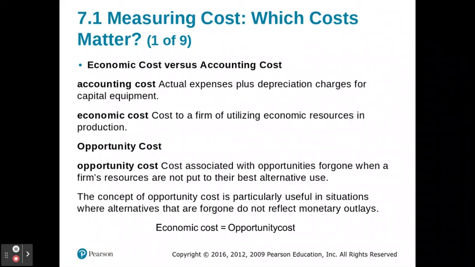One of the more important things we need to do is separate economic costs from accounting costs, with the difference being that an accounting cost is basically anything that can be measured.